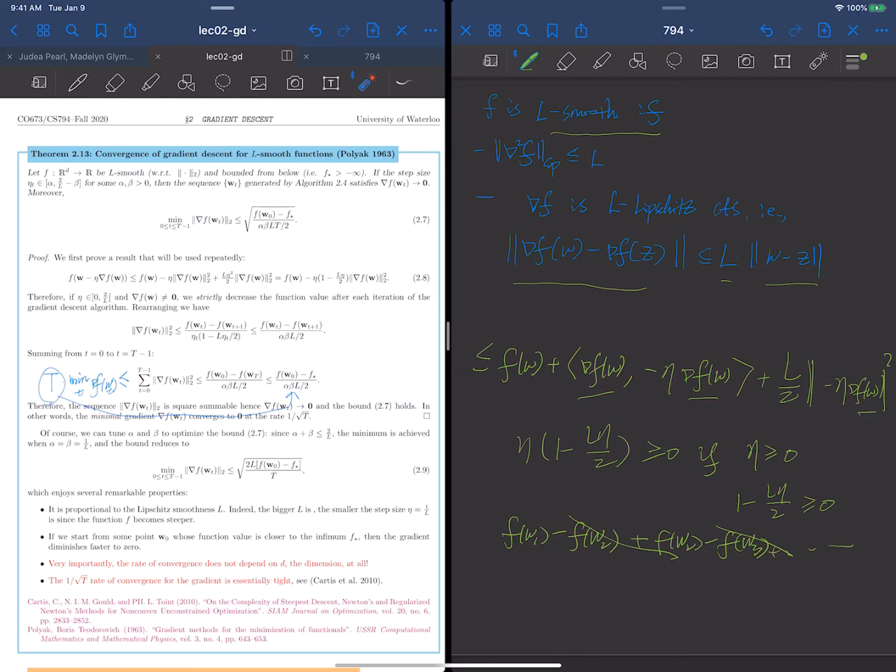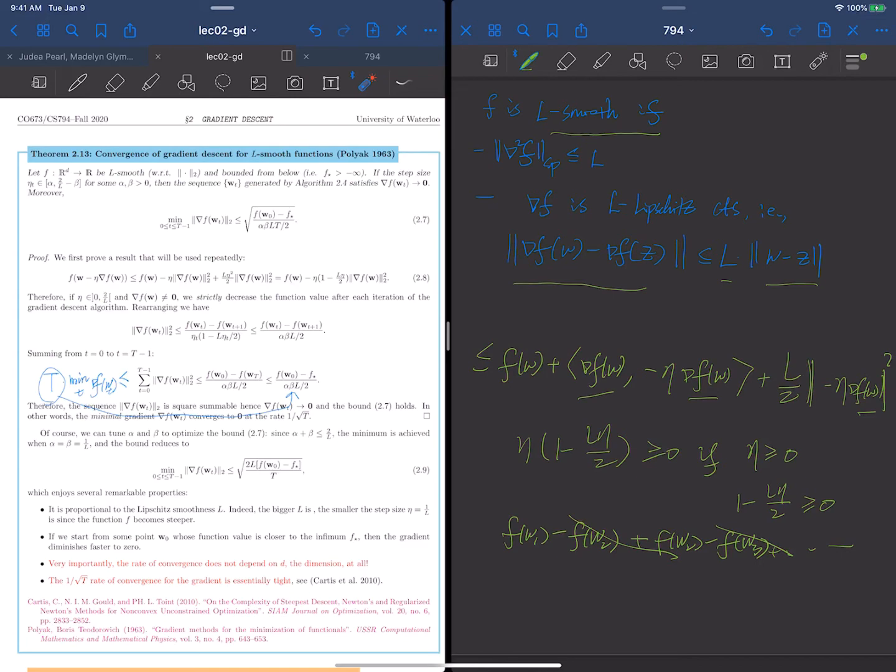Well, if L is bigger, that means your Hessian is bigger, right, in some sense. And the Hessian means the change of the derivative. And if the derivative changes fast, your function is oscillating very fast. In that case, you will have to use a smaller step size because you don't want to overshoot. So the step size 1 over L becomes smaller, because the function is much steeper now, right?